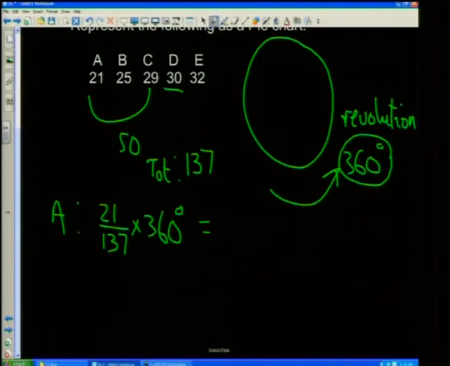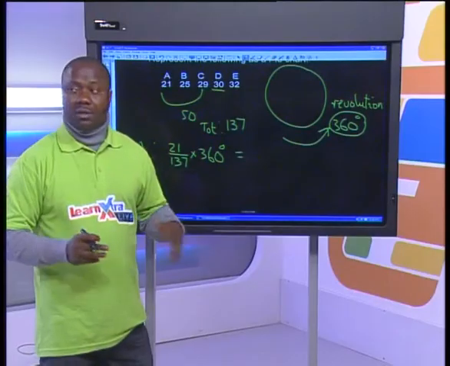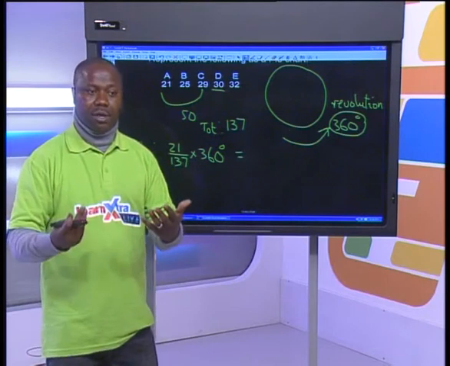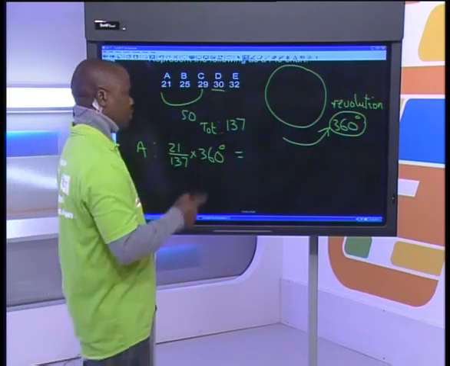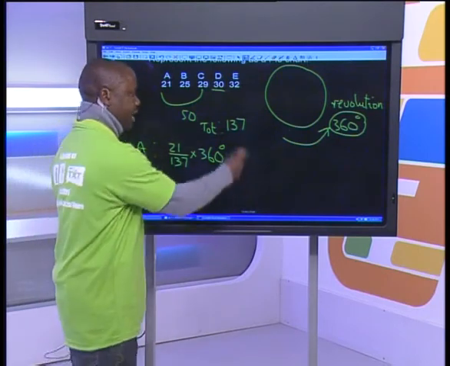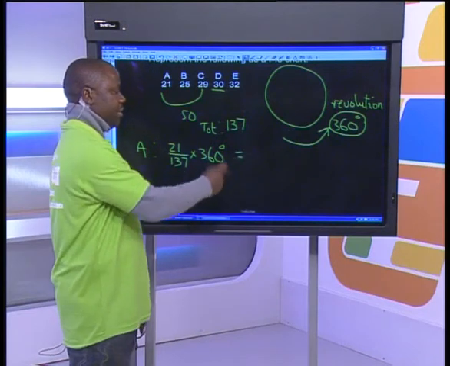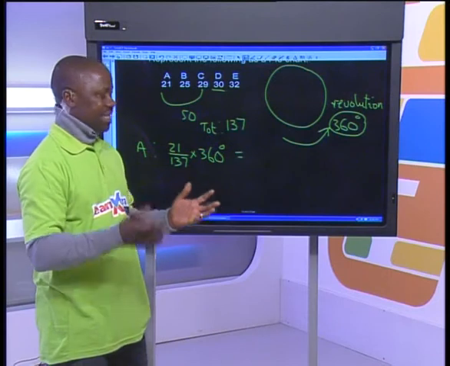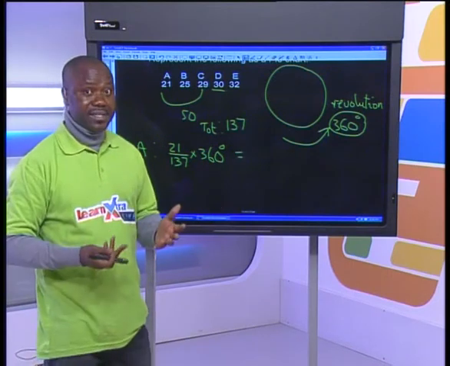All right. And actually, I haven't worked this out. I would like you at home to just use this as a way of practicing this, okay? Because in the end, the degrees that we get must add up to 360 degrees.